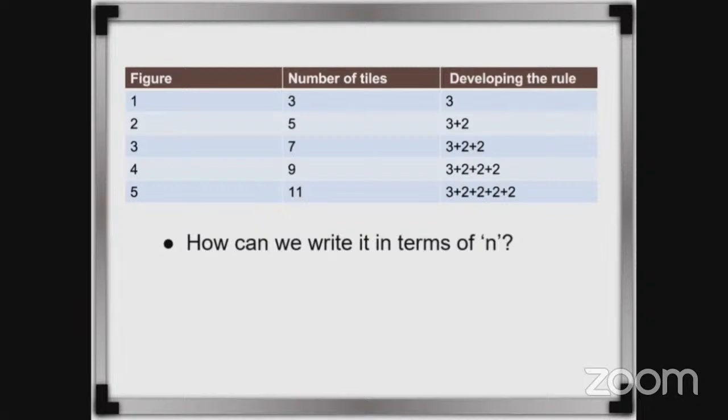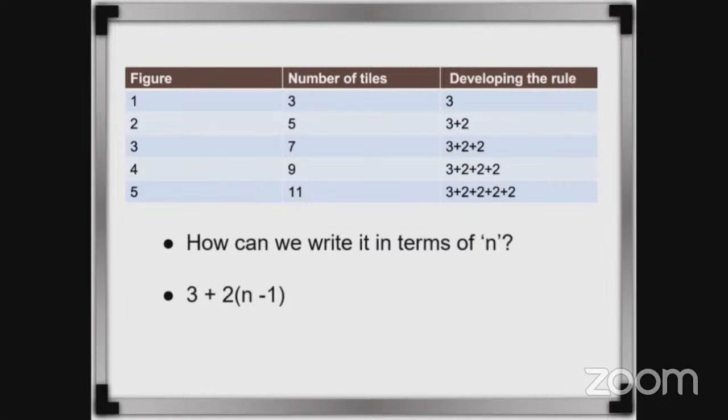So here we come up with an expression, 3 plus 2 multiplied by (n subtract 1), and n subtract 1 would have given us the previous term of any term. We could definitely simplify this by opening our bracket, and you would end up with 3 plus 2n subtract 2.